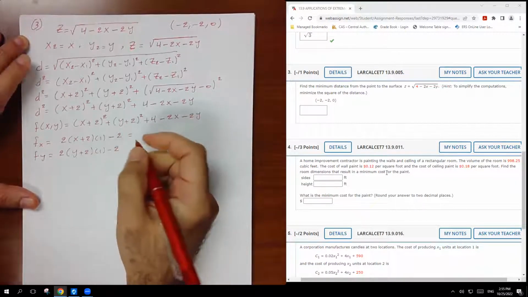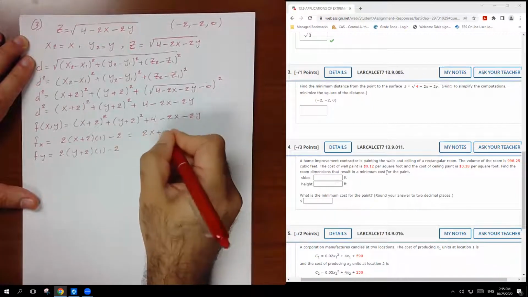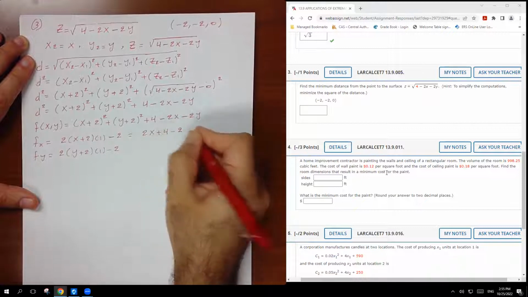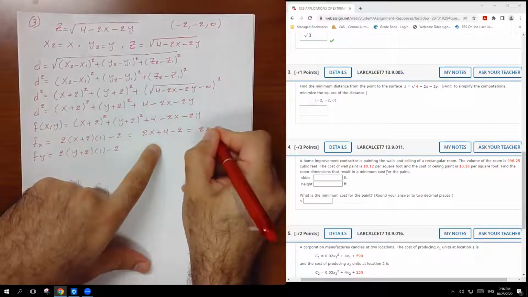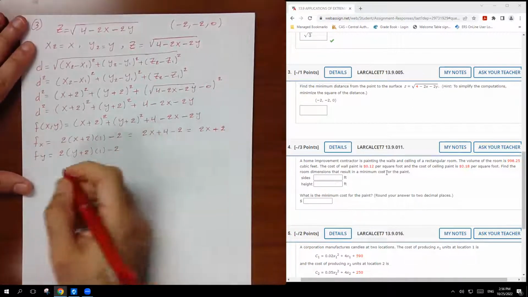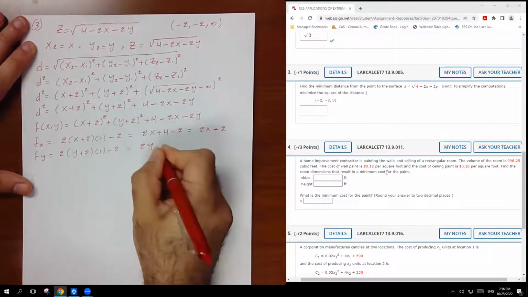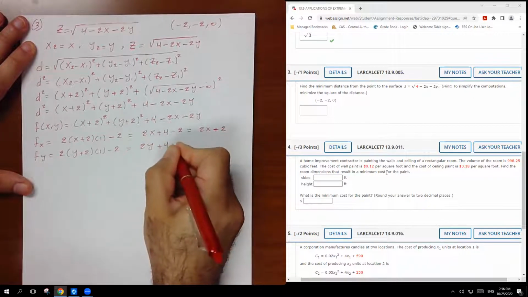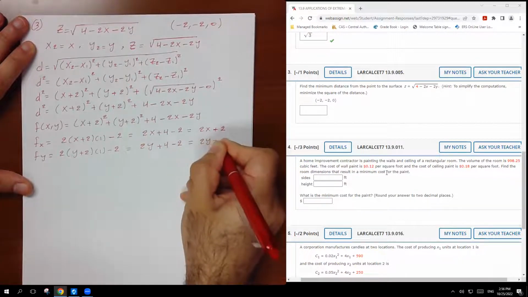Simplifying f sub x, it's going to be 2x plus 4 minus 2, which equals 2x plus 2. F sub y, simplified, is 2y plus 4 minus 2, which is 2y plus 2.